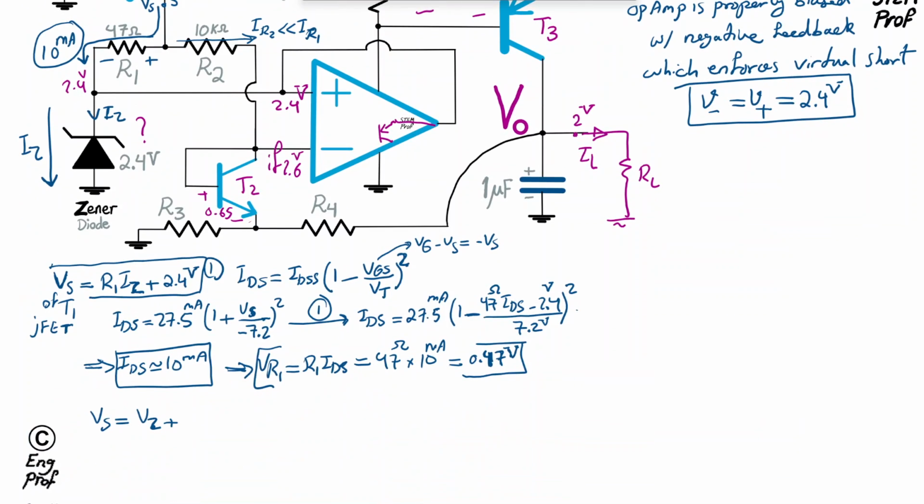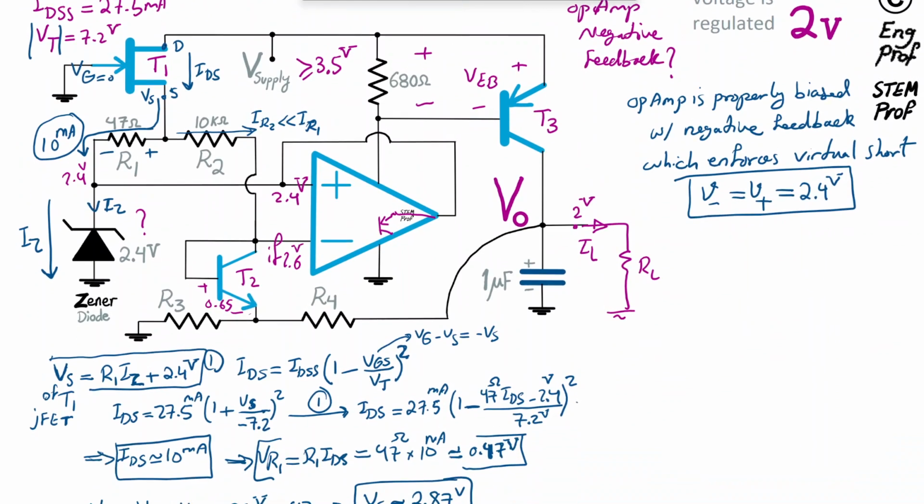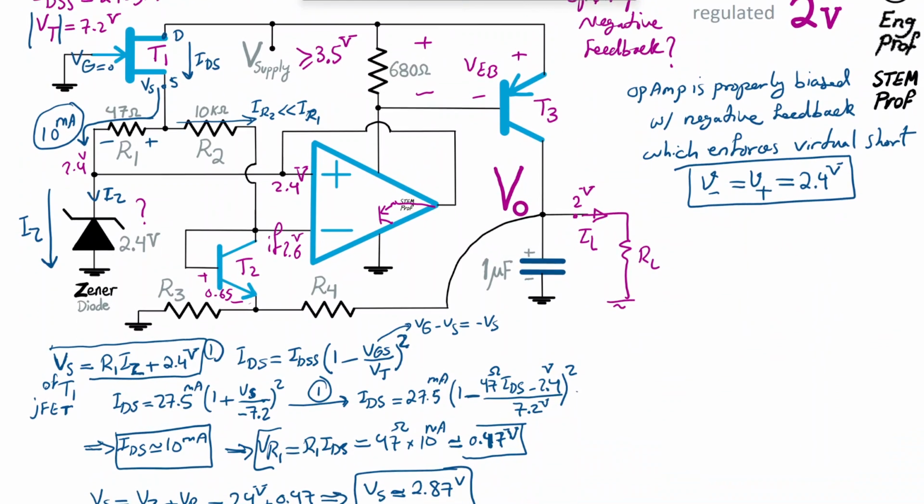So Vz plus VR1, which means 2.4 volt nominal and then plus VR1 is 0.47. Therefore, voltage of source nominal is roughly 2.87 volt in this design. All right, so with that said, now we can find the target.